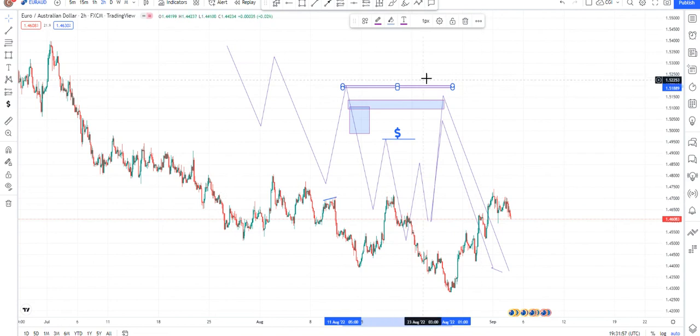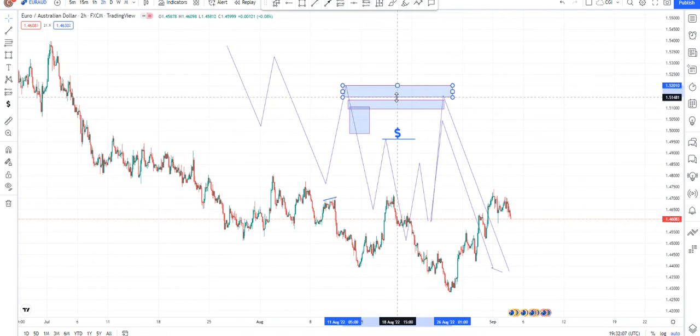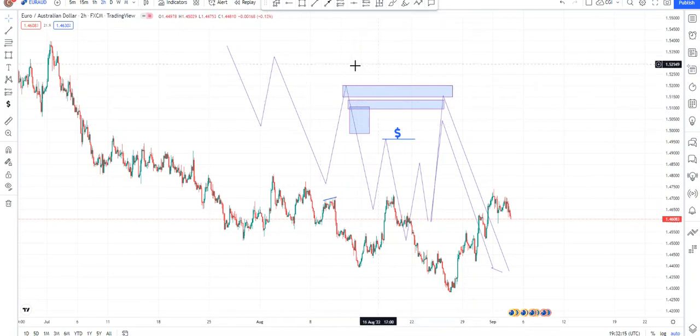So don't be hooked on this. You should be hooked on finding a high probability setup, trading it and making money. Your concern should not be the finest, the sexiest trading skills or trading patterns. Your main motivation should be making money.